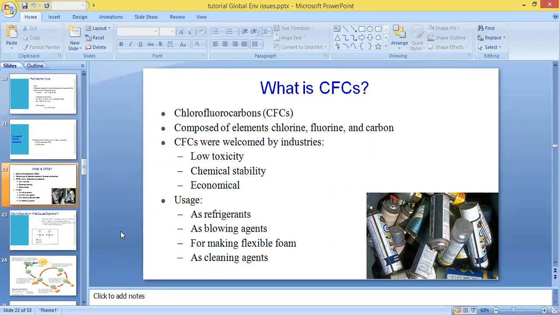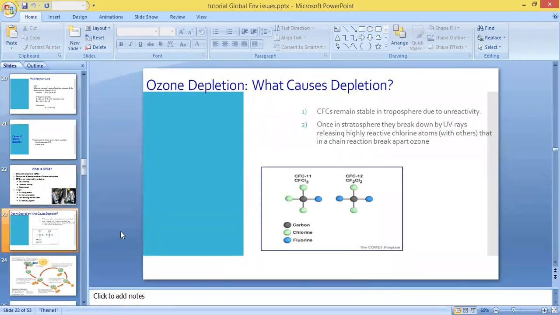As a refrigerant, as blowing agents for making flexible foam, and as cleaning agents. The maximum use of CFCs is in the refrigeration process. CFCs are very dangerous as they emit a certain material which causes depletion of the ozone layer.